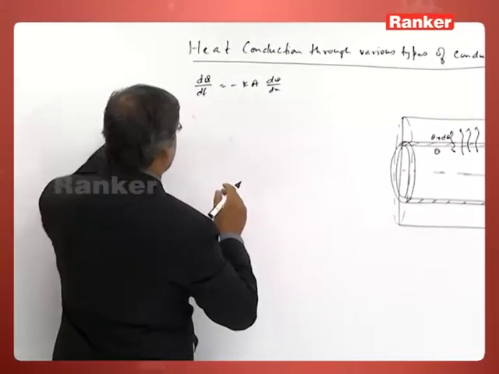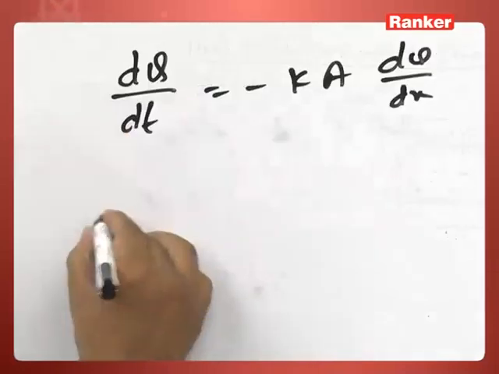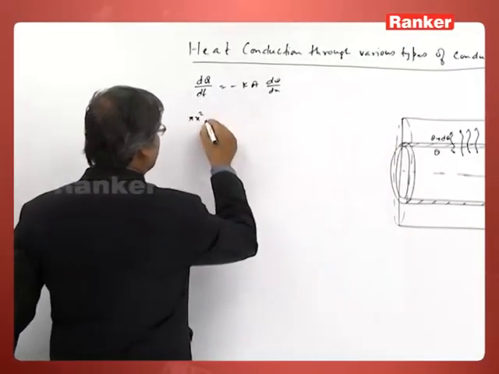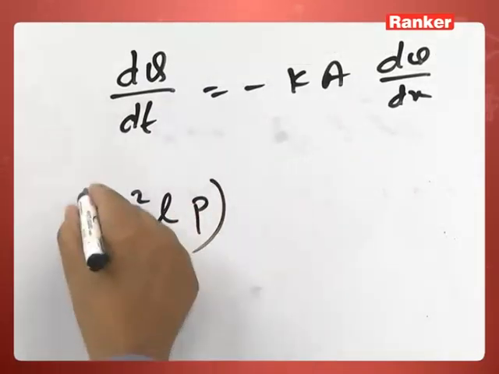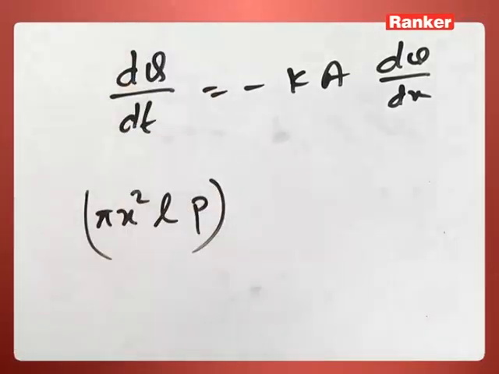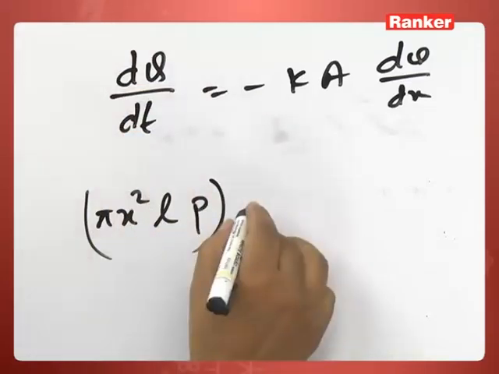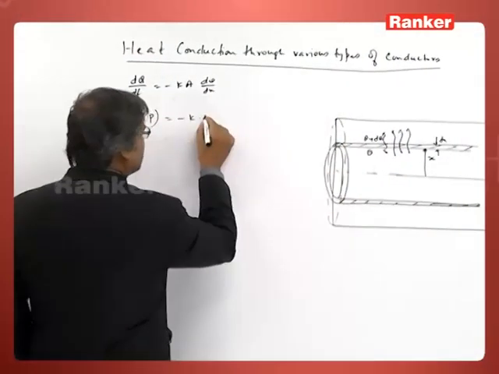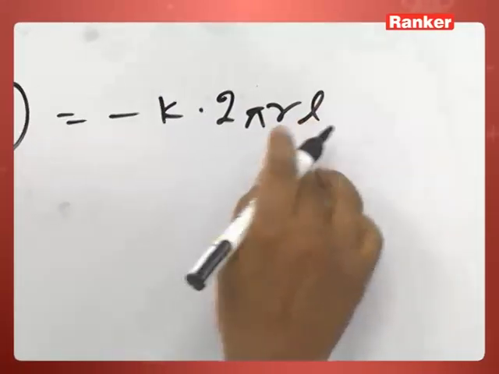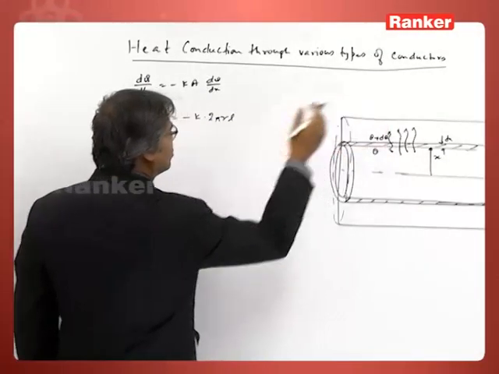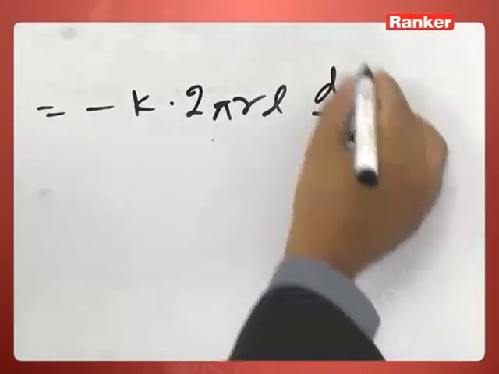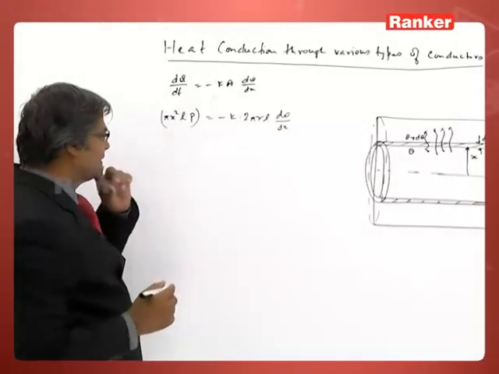The volume inside is pi x square, that is the cross section area, into L into P. This is the rate at which heat is produced and this must be transferred, that is minus K, the area is 2 pi x into L, through which the heat goes out, and d theta by dx is the temperature gradient.